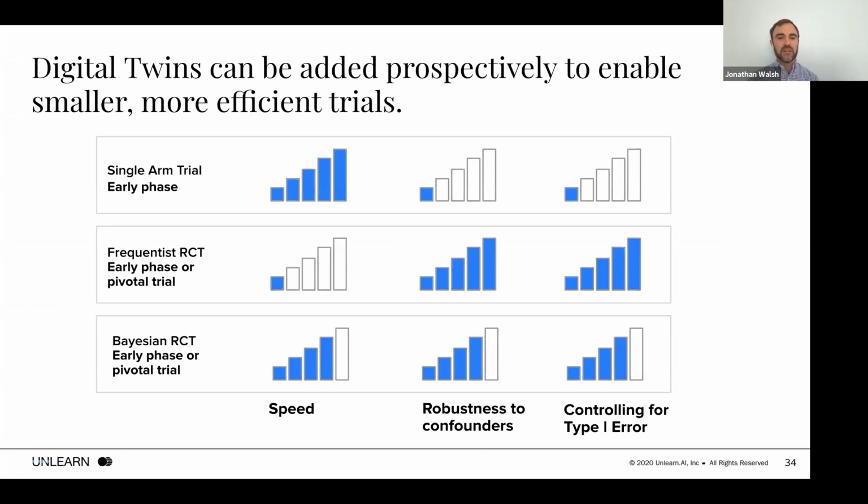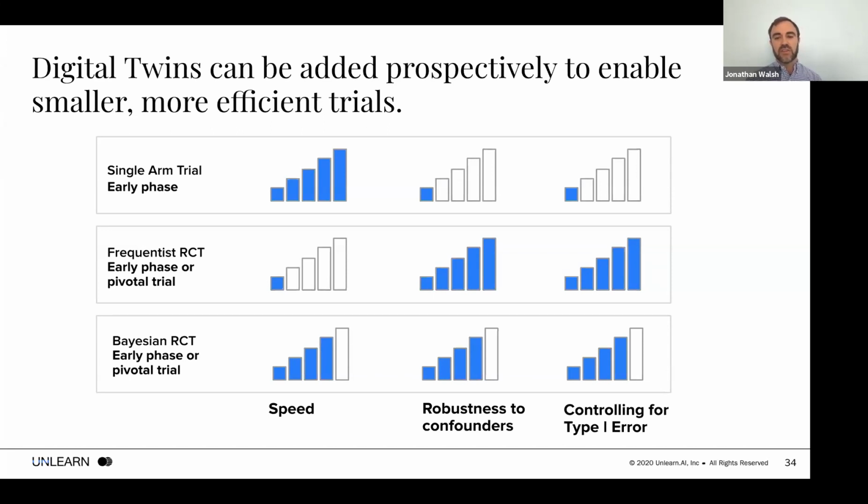So I'd like to recap the three use cases that we've discussed. In a single arm trial, which is really appropriate for early phase studies, speed is paramount, and we want to still control confounders and type 1 error as best as we can. In the frequentist case, for pivotal studies, the robustness to confounders and controlling for type 1 error is essential, and speed becomes secondary.